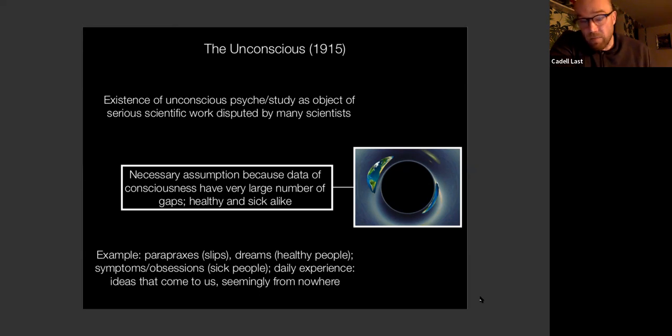Also, dreams in healthy people are examples of the unconscious. We are not fully conscious of our dreams, especially adults, as we've covered in previous workshops on dreams. Children are far more conscious.